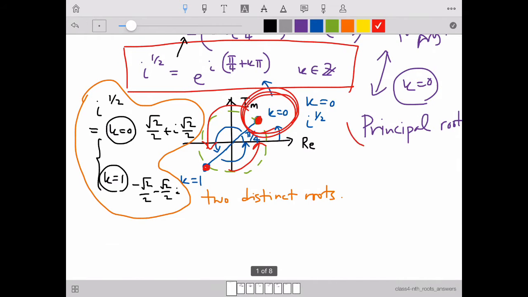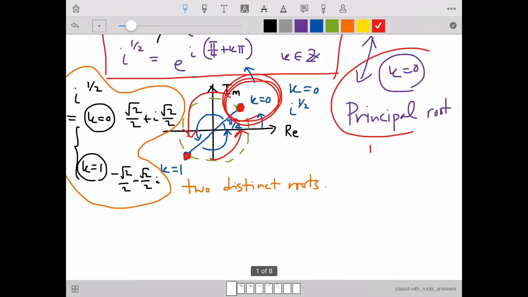When k is 0, we call that the principal root, and the notation for the principal root is square root of i. That square root is denoted for the principal root only for complex numbers.